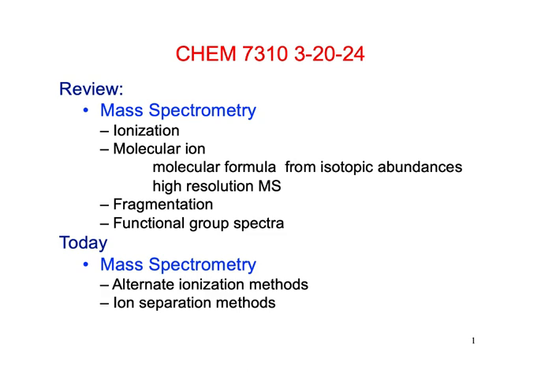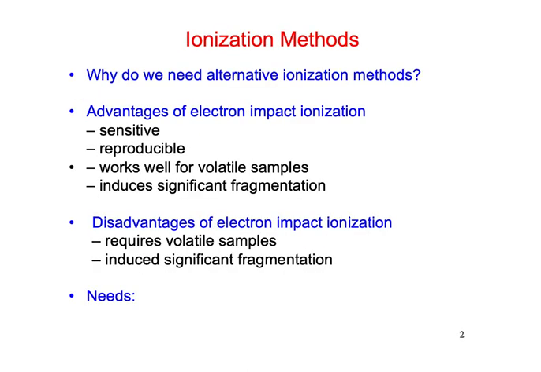Okay, so why do we need alternate ionization methods? So far we've just talked about electron impact ionization. So let's talk first about what are the advantages of electron impact ionization and what are the disadvantages, okay? So for one thing, it's a very sensitive method.